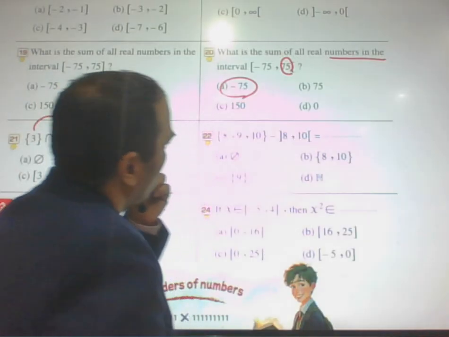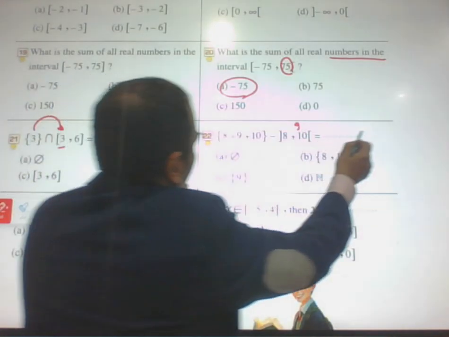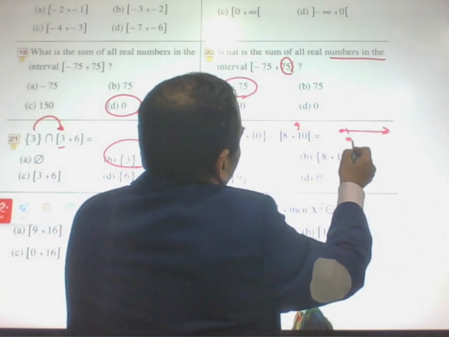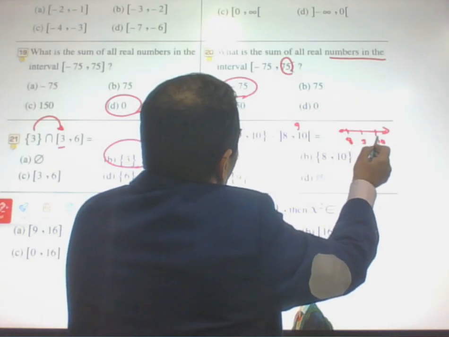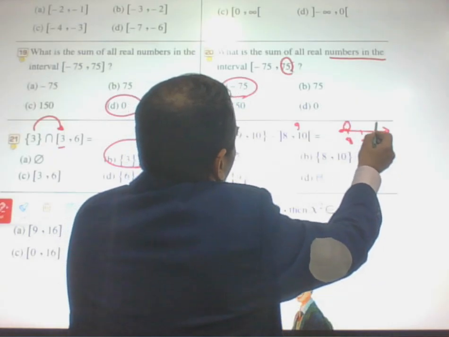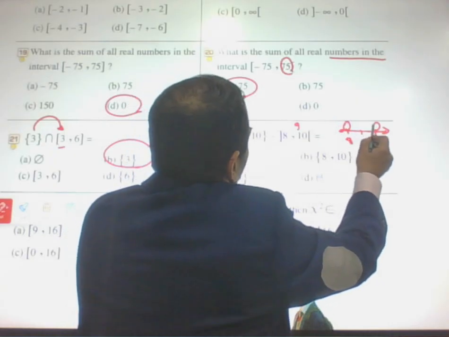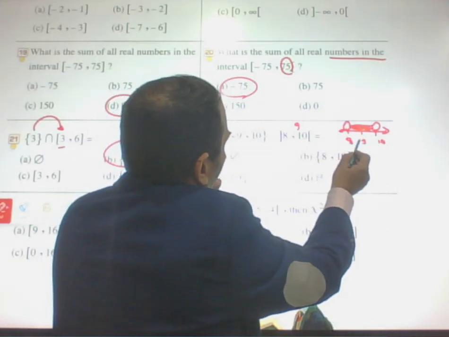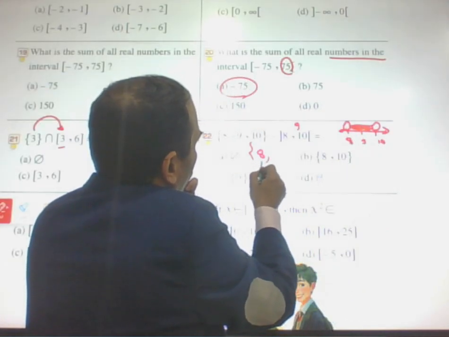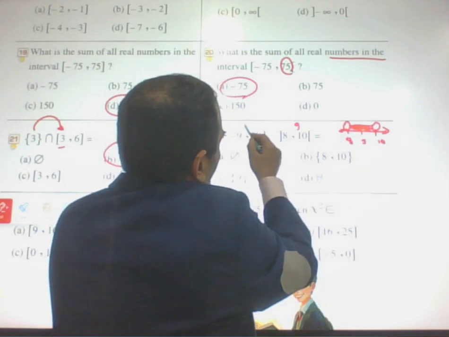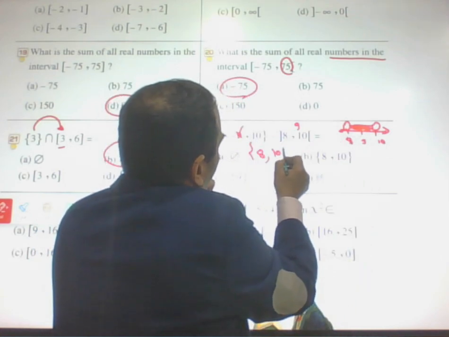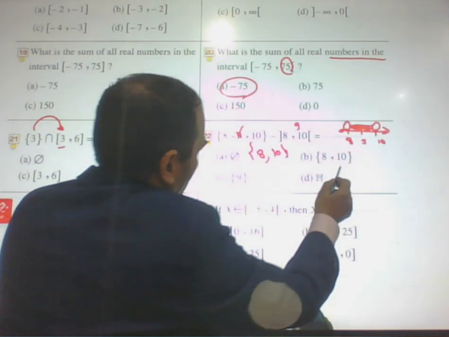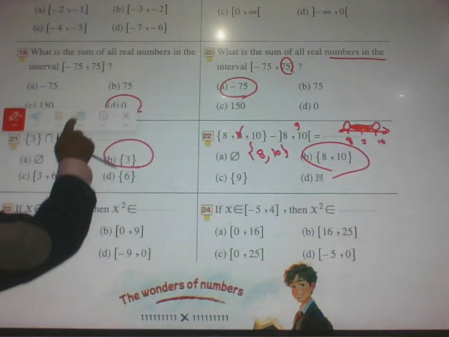Look here, it's an open interval. He asked about the open interval from 8 to 10. 8 here? No, so you must write 8. 9 here? Yes, cancel 9. 10 here? No, then the answer will be 8 and 10. Choose letter B. Next question.